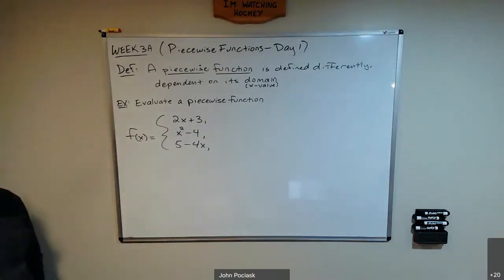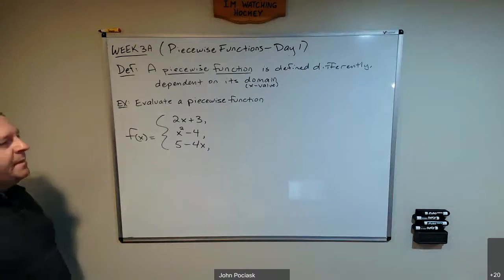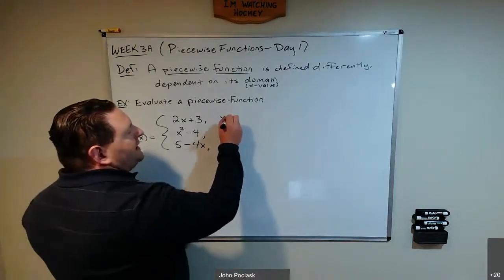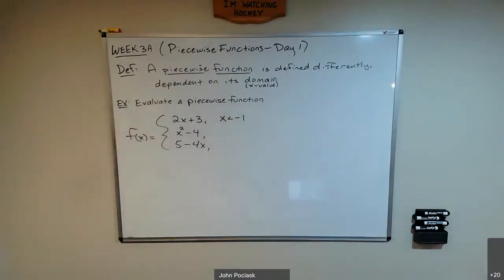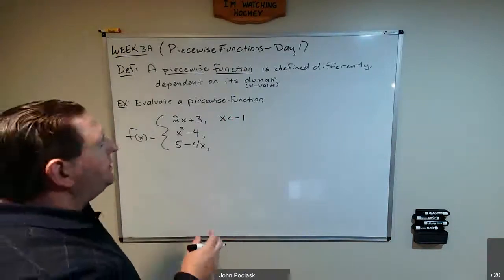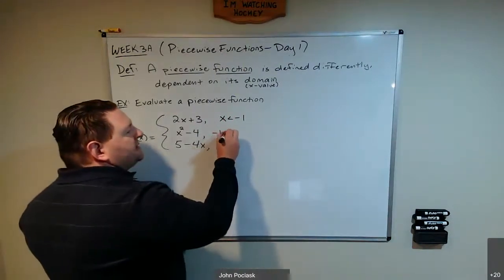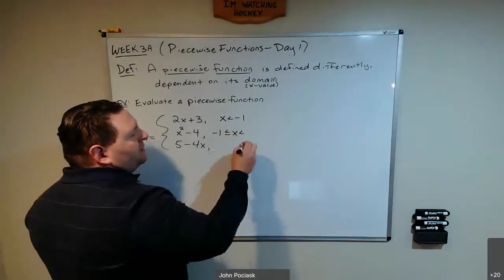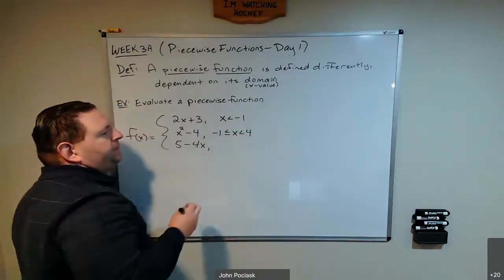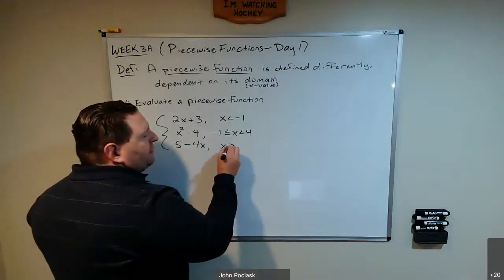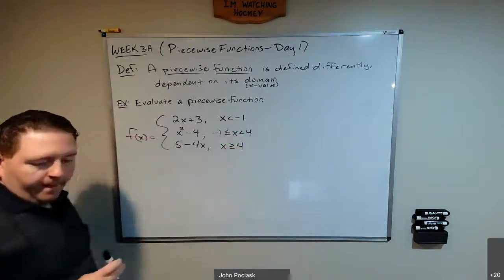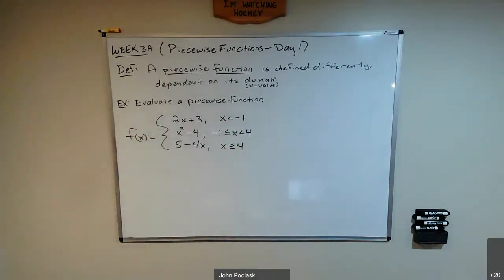So for the first piece, I'm going to say that that is defined when x is less than -1. For piece 2, that's going to be a compound inequality: -1 is less than or equal to x, which is less than, let's say, 4. And then the last will be x is greater than or equal to 4. I find it helpful to work in colors for this topic.